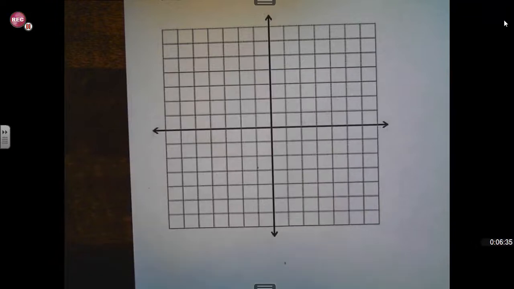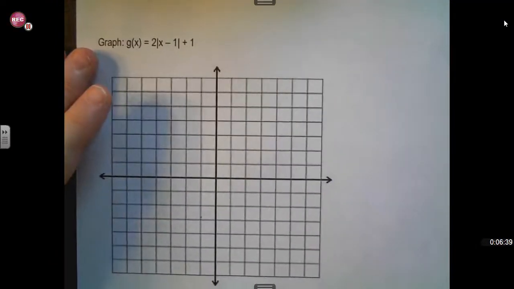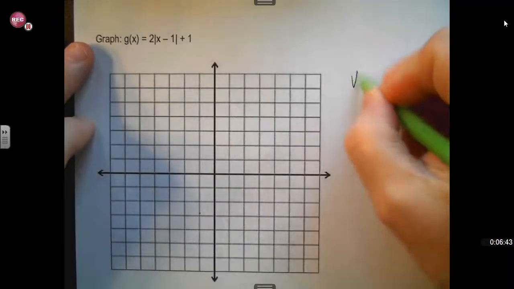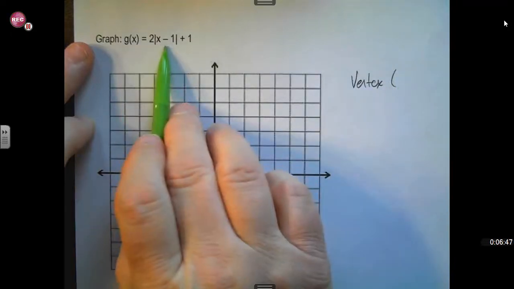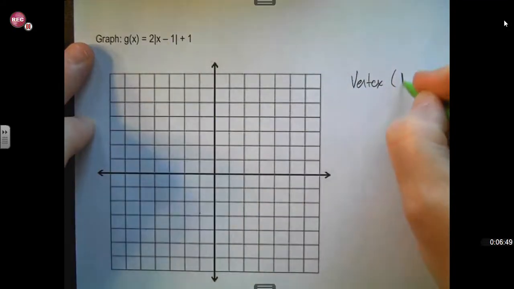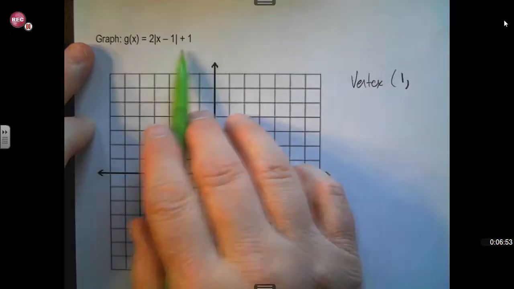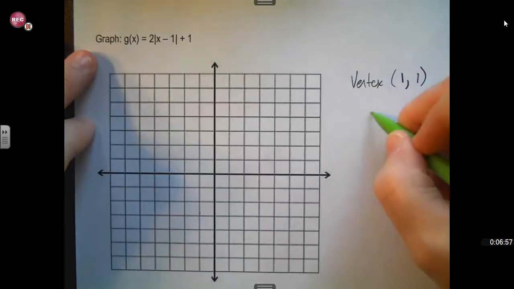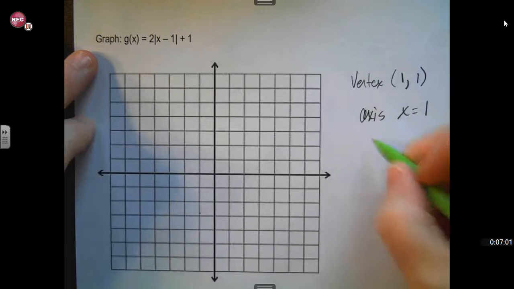One more example. This one has numbers everywhere. Vertex: the opposite of what's in with the x. So this is -1, so my x-coordinate is +1, and the y-coordinate is the same as what's out here, +1. So the vertex is (1, 1). The axis of symmetry is x equals 1.